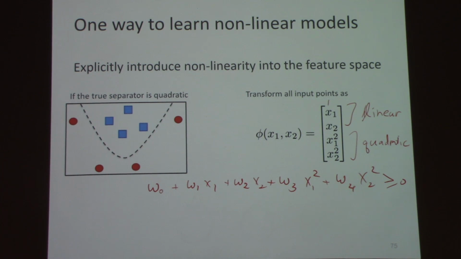It's linear in the new space, which means it's quadratic in the original space, and thus we have introduced a nonlinearity in the original space. You should be comfortable with this idea of feature transformations. Make sense? We call these feature functions phi. Typically we'll be using the symbol phi to denote functions that compute feature vectors.